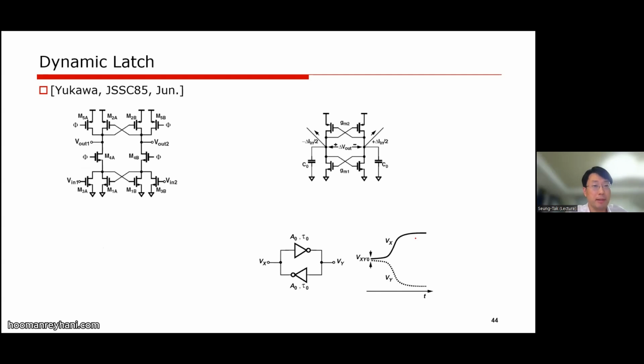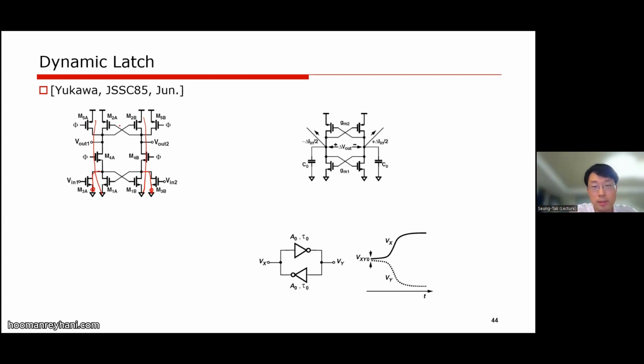Okay, the dynamic latch. The quite old one has a static power consumption, with the input transistor paired with the latch. You see here, this is a latch, right? Inverters, cross-coupled. But nowadays we use only the dynamic latch.